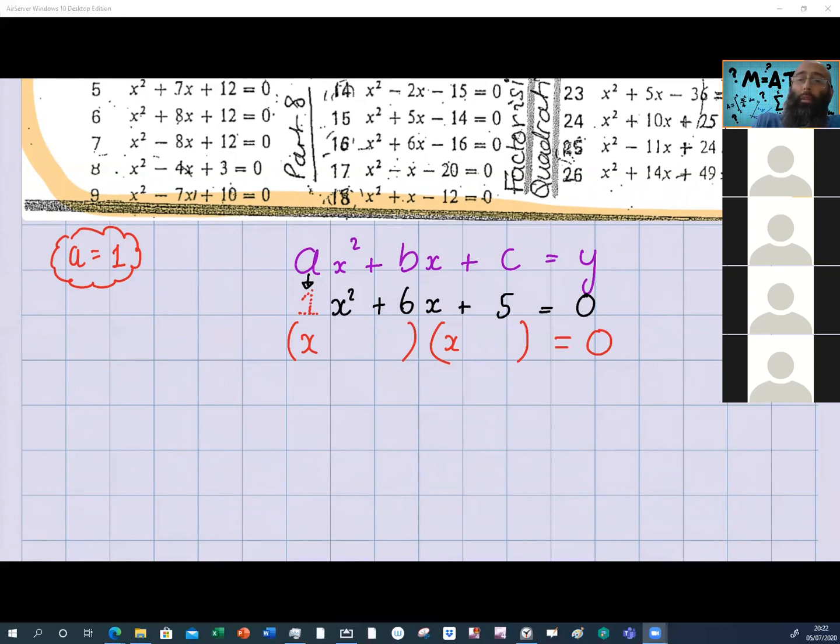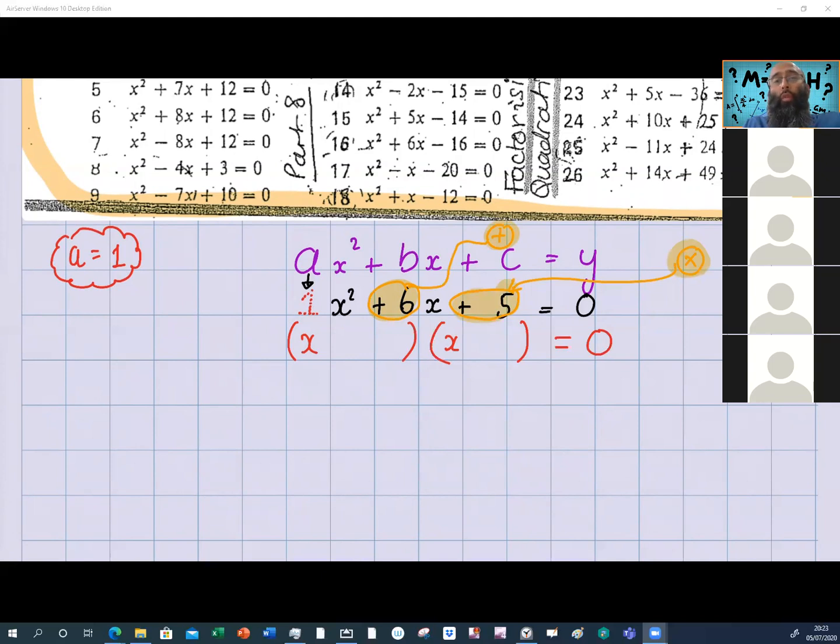So we're looking for 2 numbers that multiply to give you this number, and the same 2 numbers must add to give you this number. I'll highlight them for you, and that's what we're learning today.